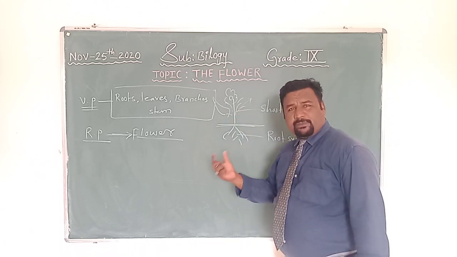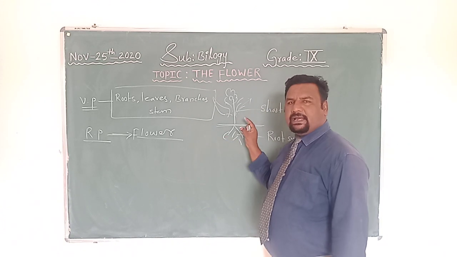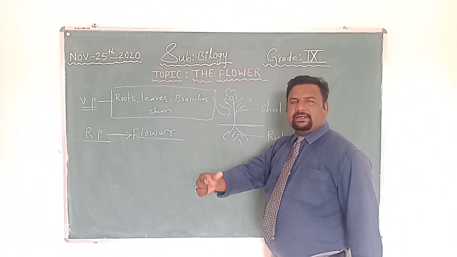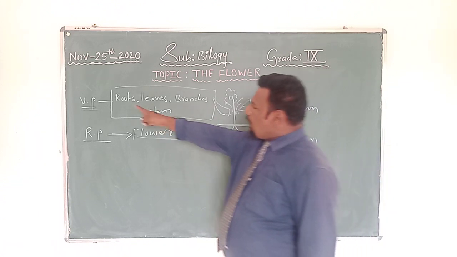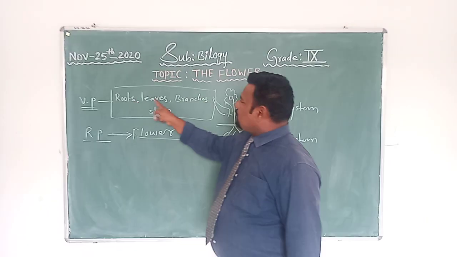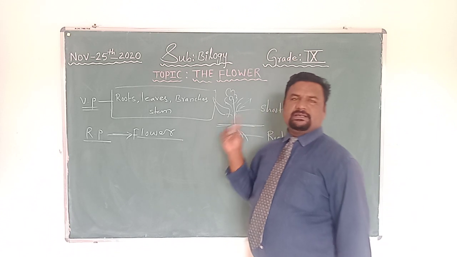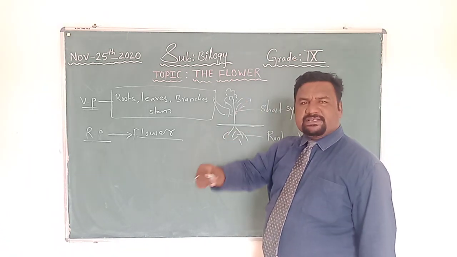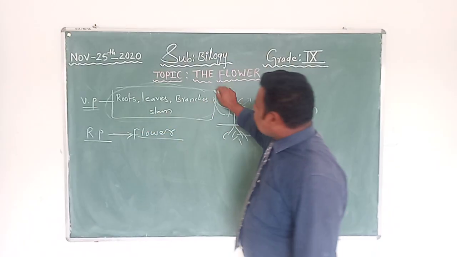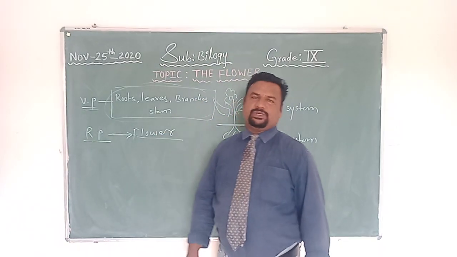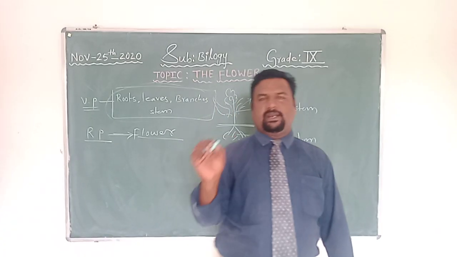When asexual reproduction is seen in a plant, if a plant is reproducing a new plant with the help of vegetative parts such as roots, leaves, branches, stem, then the type of reproduction is asexual. That mode of reproduction is called vegetative propagation or asexual reproduction.